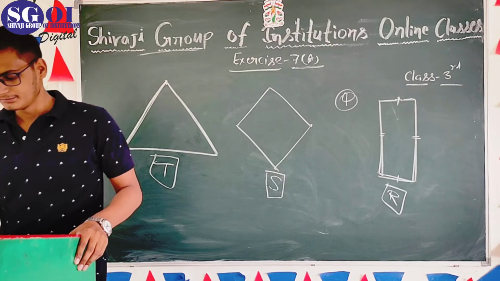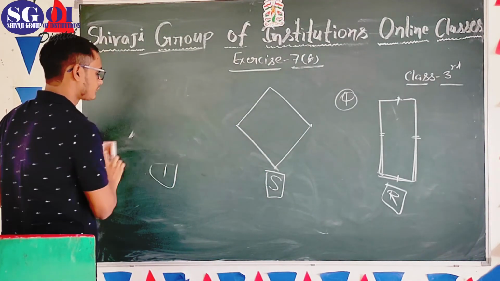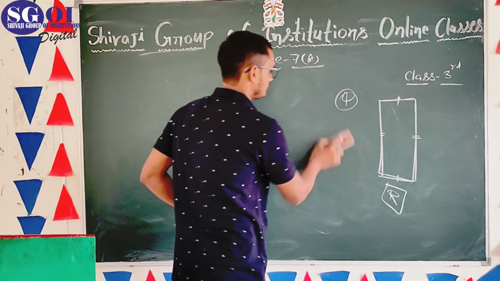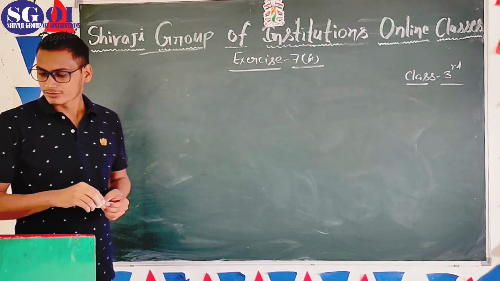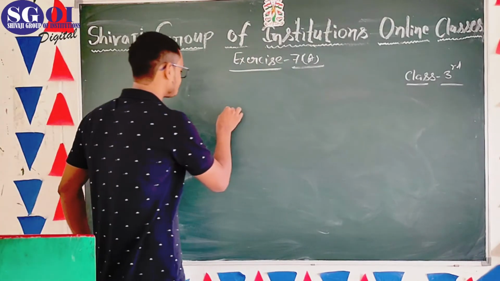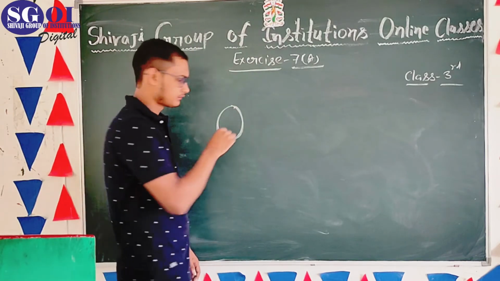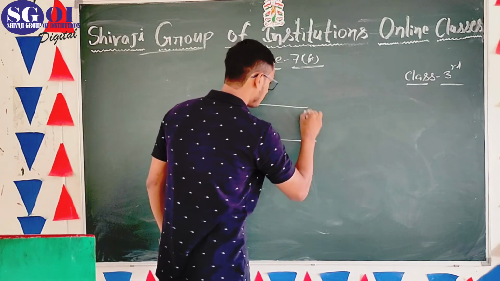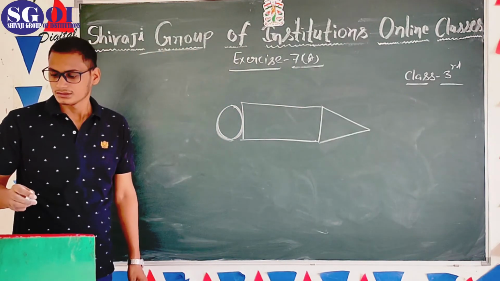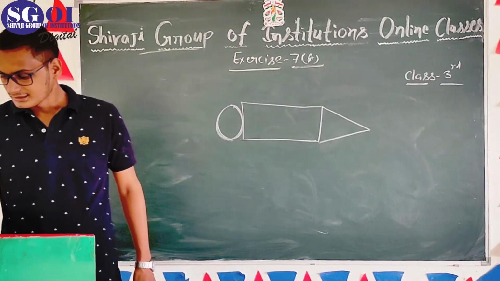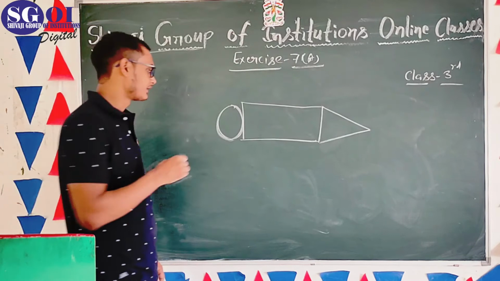Color squares red means the square shape is red.